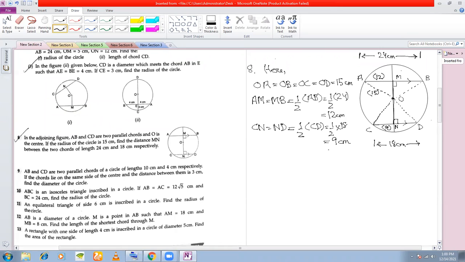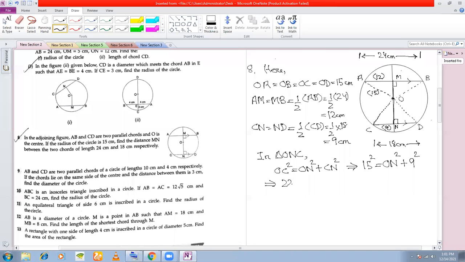So let's proceed to first find out ON. Consider the right angle triangle ONC. OC is the hypotenuse, ON is the perpendicular, and CN is the base. OC is 15, ON we need to find out, and CN we have found above to be 9.